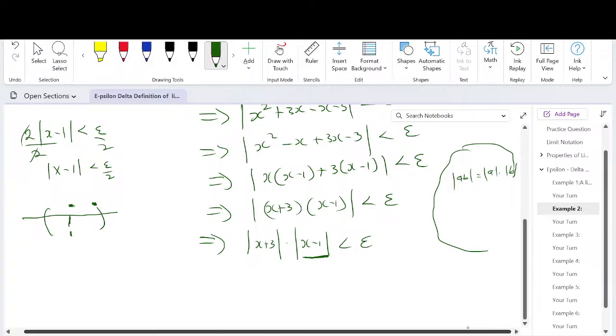So if you take a step towards 1, that is, you take a unit step towards 1, that means the absolute value of x minus 1 will be less than 1. Don't forget that if you are taking a step closer to something, that something will always be less than the step you are taking.